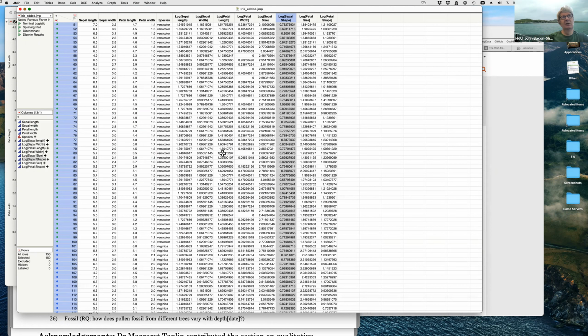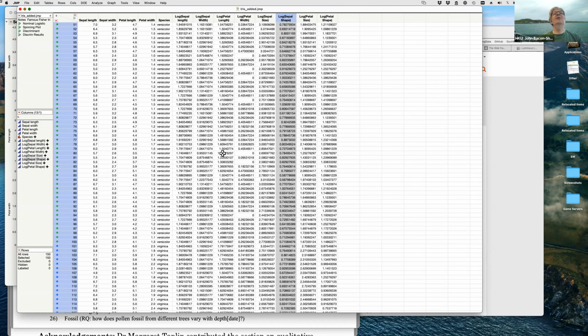When you've got a 2D object and two different measurements, what aspect of these two measurements is what really matters? In other words, is it about the size overall of the sepal and petal, or is it about the shape of the sepal and petal?